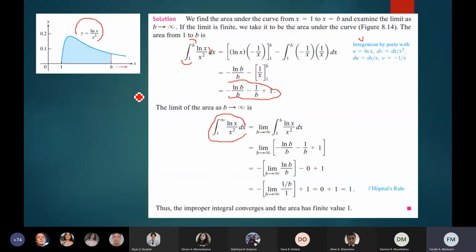We write here the limit as b approaches infinity of the integral from 1 up to b of ln x over x squared dx. And as we found here, the integral of this object is equal to this one. We just write this function instead of this integral. Okay, and if we find the limit of this function when b approaches infinity, you know that 1 over b approaches 0 when b approaches infinity.